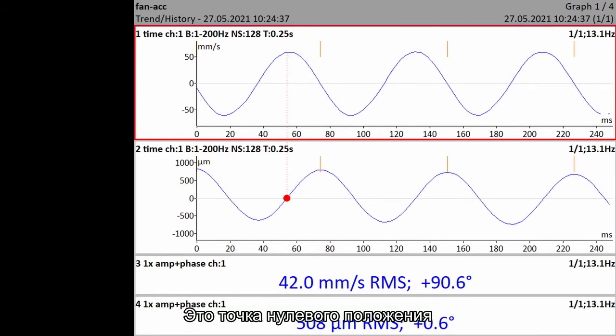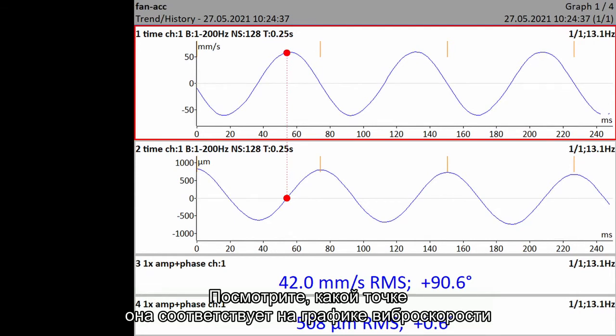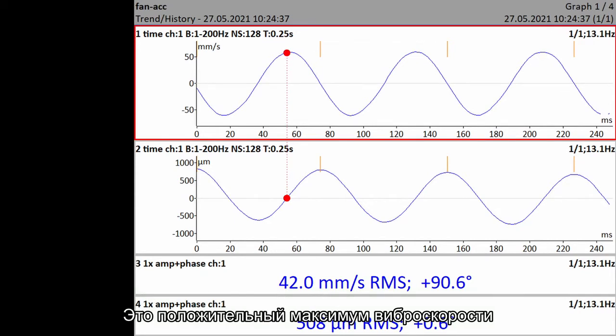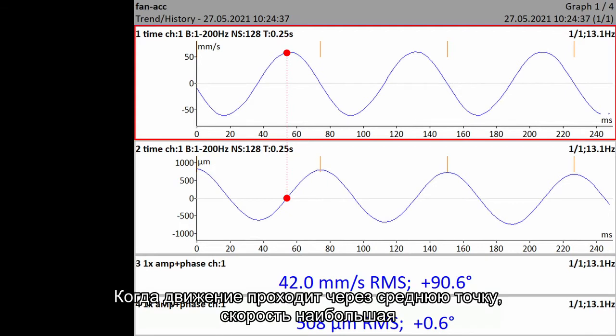This is the zero displacement point. It is just in the middle between negative maximum and positive maximum. Look at this point in velocity. This is the positive maximum of velocity. It is logical. When the movement passes through the middle point, it has the highest velocity.